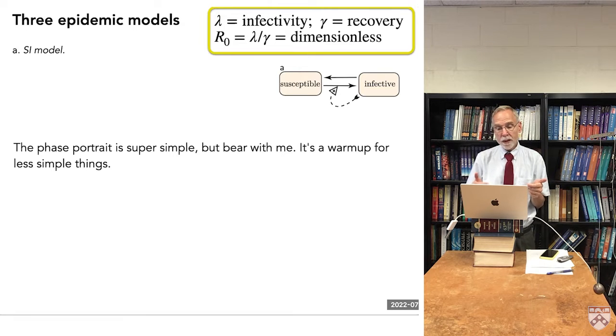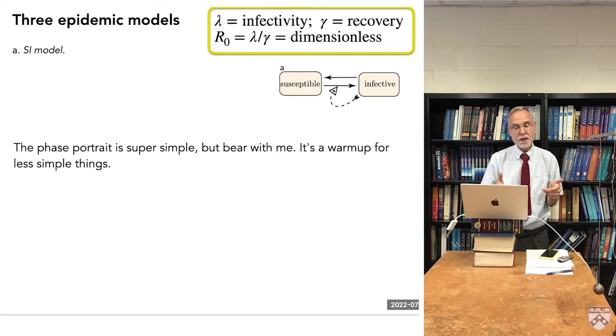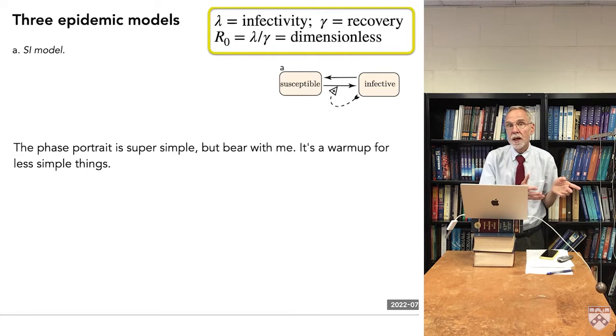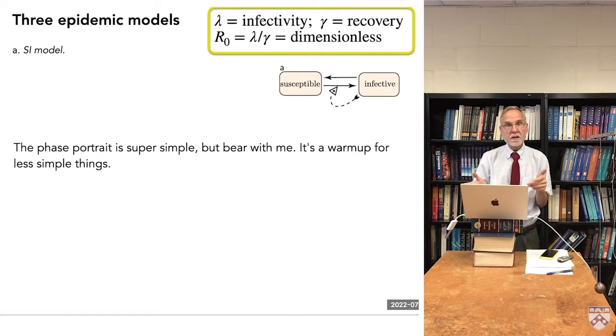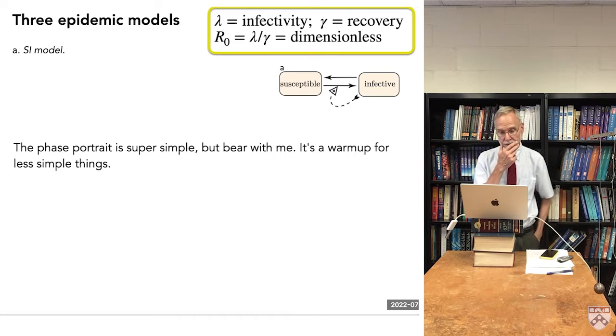But that requires an interaction with an infected person, which is what the dashed line is saying. And the plus sign means that more infective people means greater probability per unit time that you'll do that transaction. And the infective people, eventually they get better, they join the susceptible pool. That's what the upper arrow is saying.